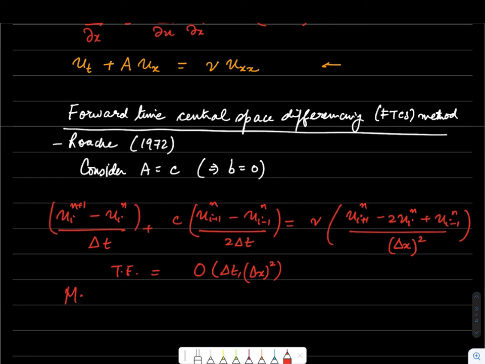Moreover, the modified equation for this discretization looks something like this.